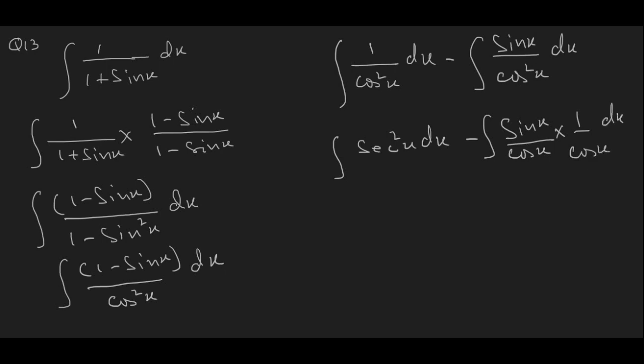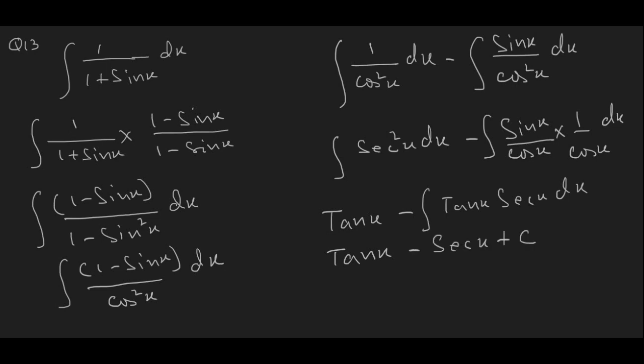So the integral of secant square x is tangent x minus integral tangent x secant x dx, and finally tangent x minus secant x plus c is the answer.